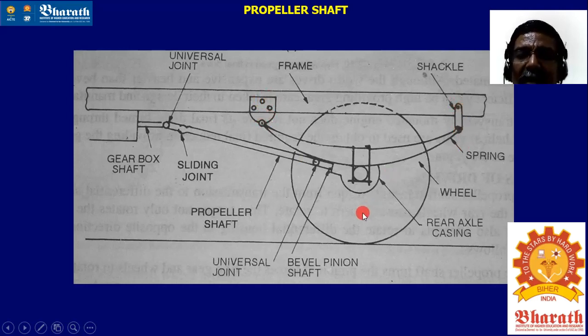Because when it moves up and down, because of the load and vibrations, the leaf spring curvature varies. That means the effective distance between the two ends will be changing, elongating and contracting. If the leaf spring gets flattened, the length is increasing. If it curves down, the length will be reducing.